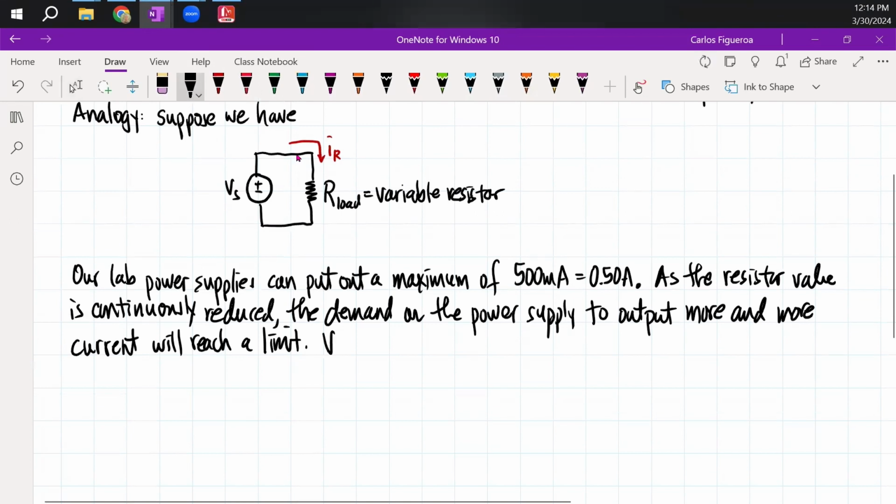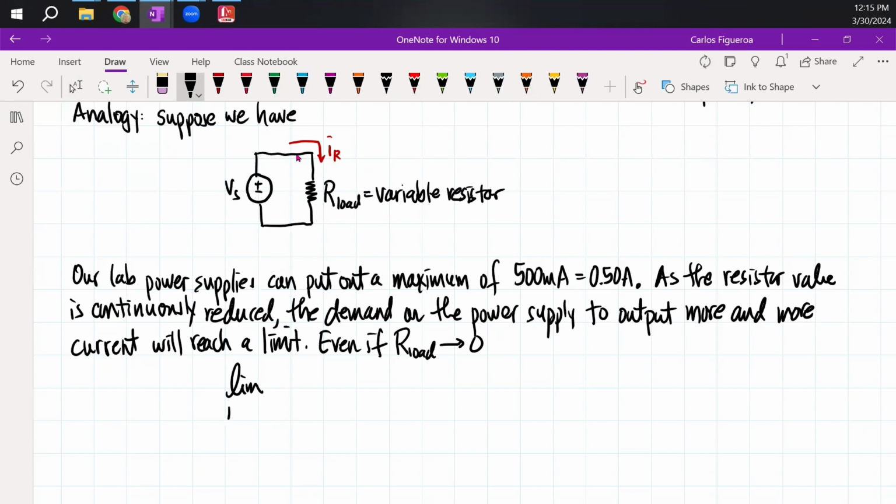So even if our load goes to zero, in other words, if I take my load resistor and it approaches a very small value, then we're expecting that in this situation that current should approach infinity.